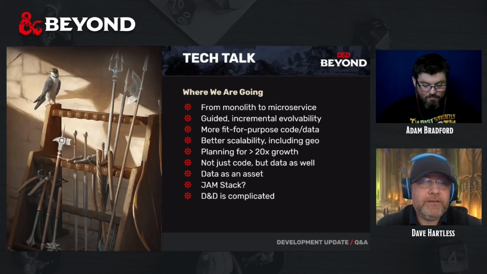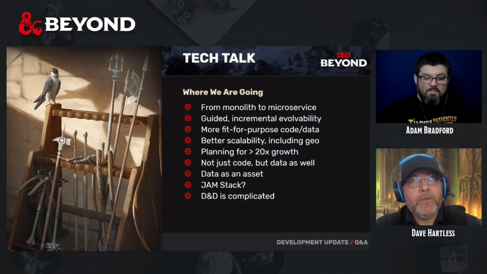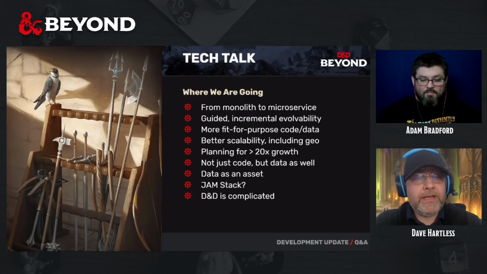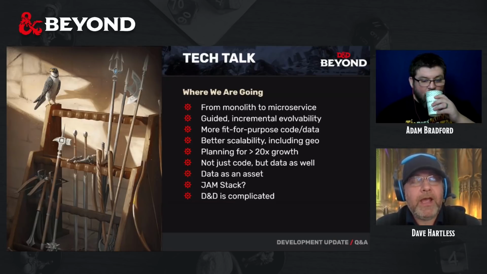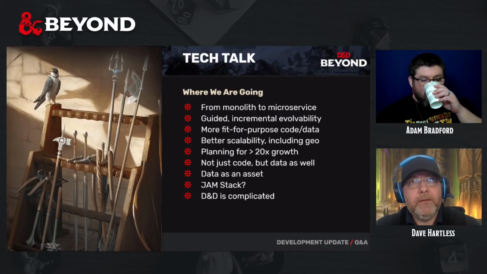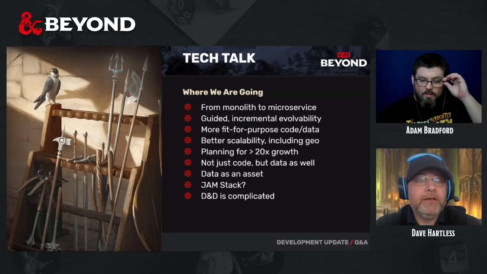And another tenet that we want to build more into our architecture is data as an asset, right? So we have millions of people creating characters. We have over 1 million campaigns now that have been created on DDB. And there's just a lot of useful information about how people are playing the game, what an evolving meta looks like.